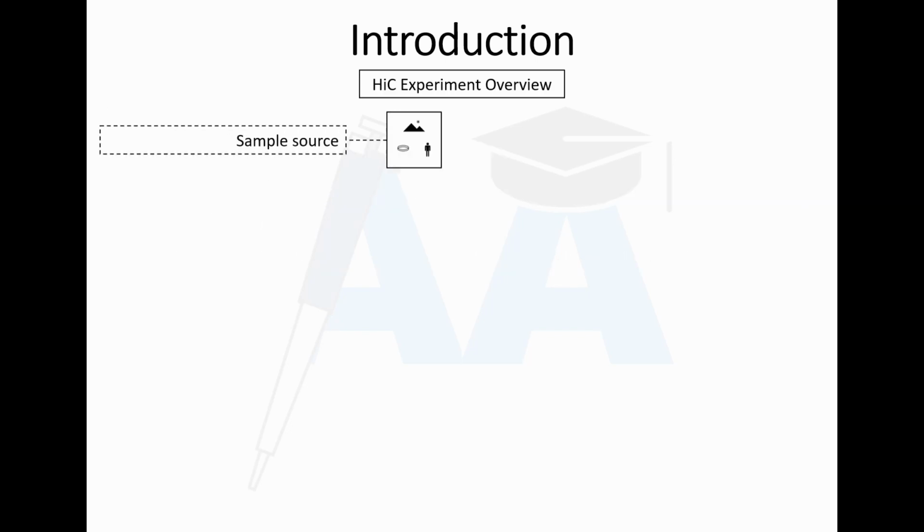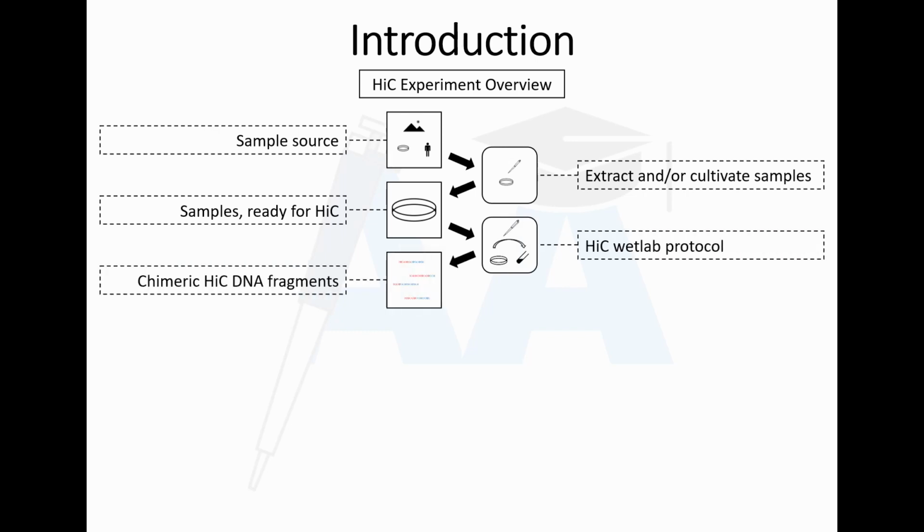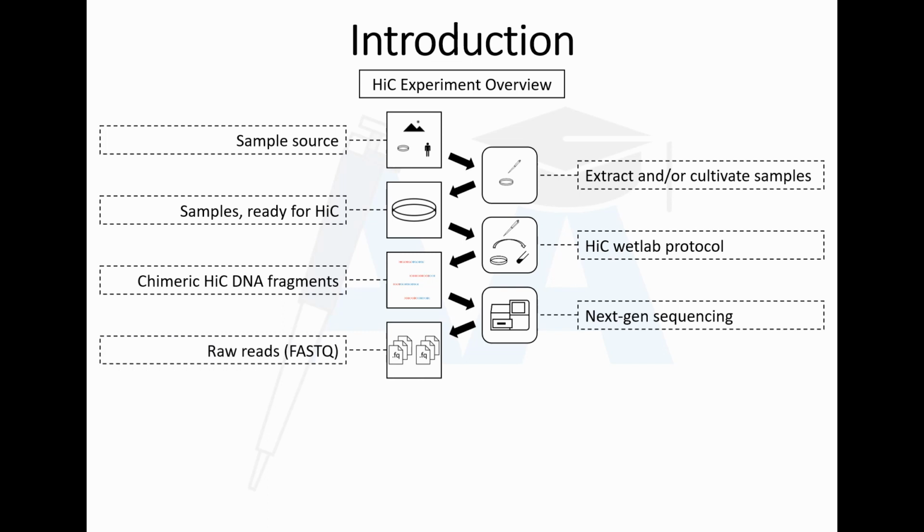An overview of the complete HiC experiment workflow is as follows. We begin by obtaining our samples, which are either ready for immediate extraction or need to be cultivated first. Once the samples have been collected, they undergo the HiC Wetlab protocol, which produces chimeric HiC DNA fragments. The DNA is then sequenced, giving us raw reads in FASTQ format.